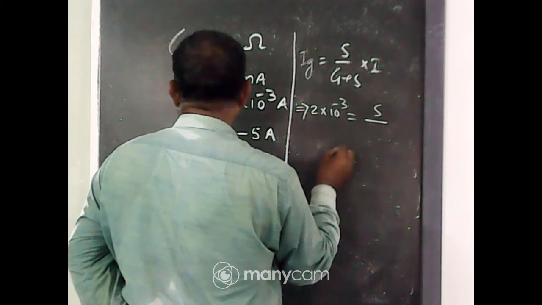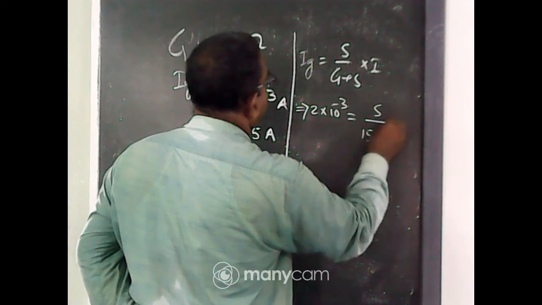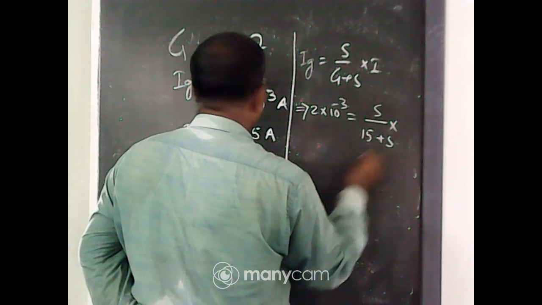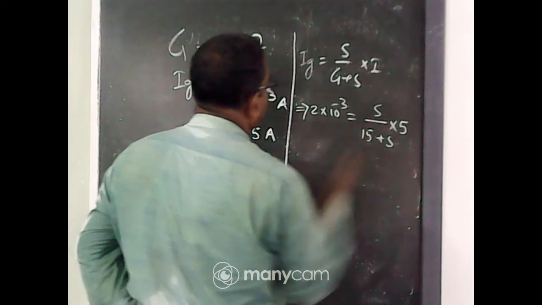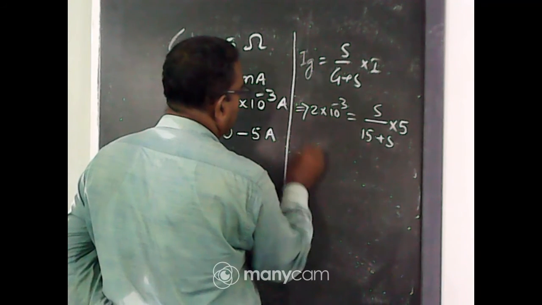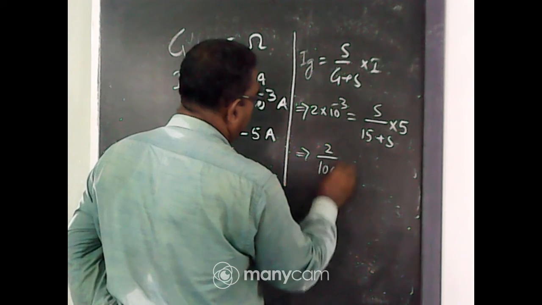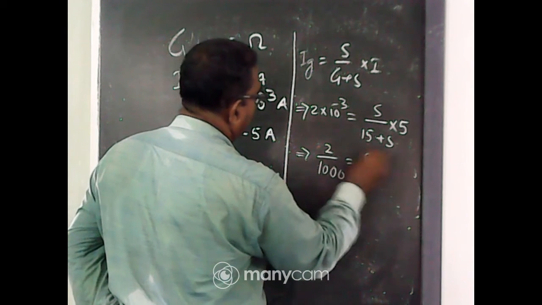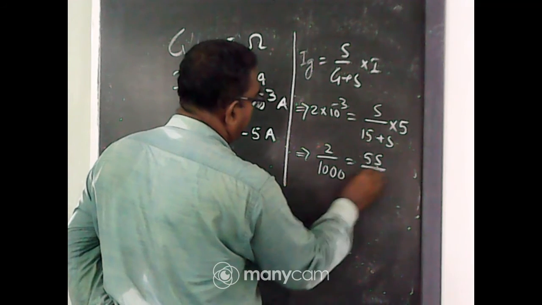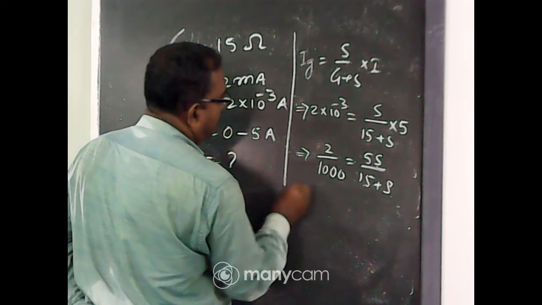G equal to 15 plus S into 5. Okay. 2 by 1000 equal to 5S by 15 plus S. So what will be its value?